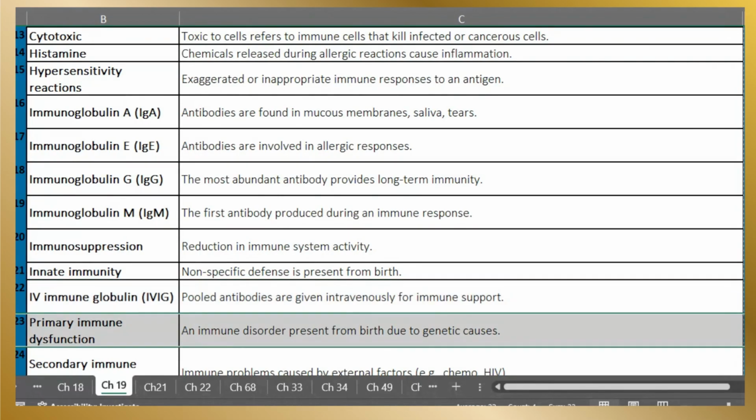And a few more keywords. Primary immune dysfunction. It's an immune disorder present from birth due to genetic causes. And since it's primary, it's like first. So present at birth, inherited.